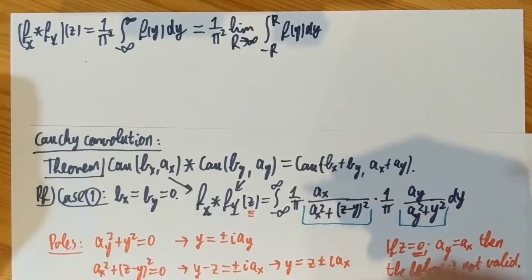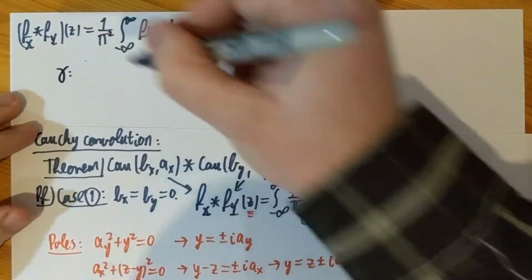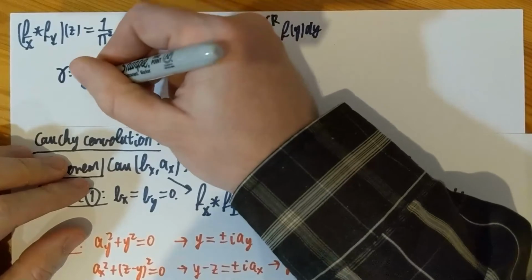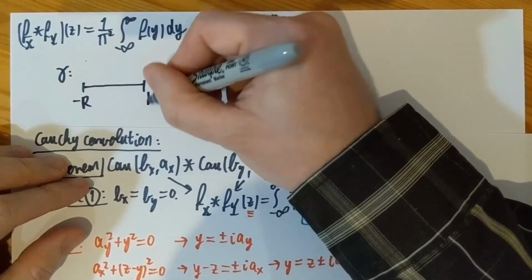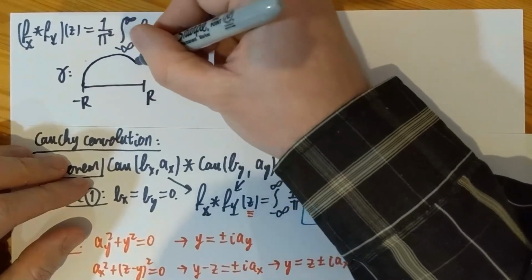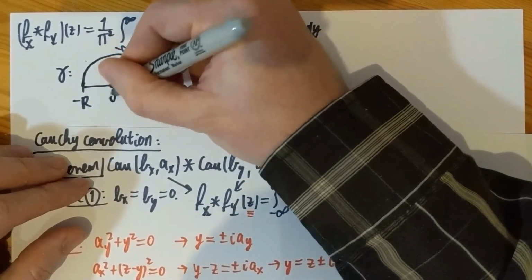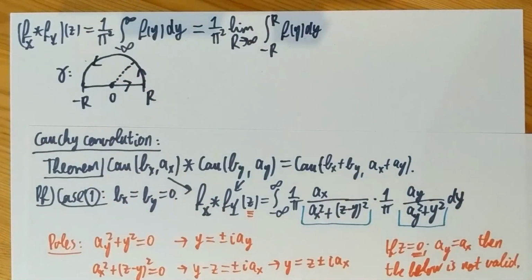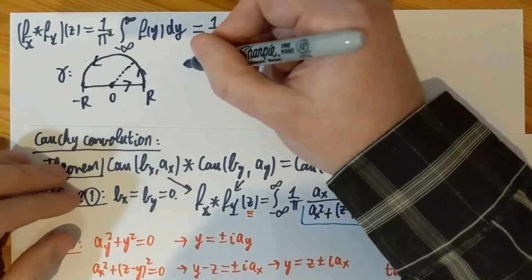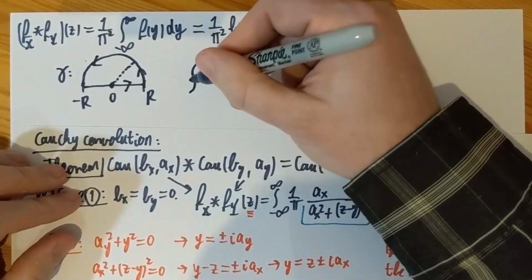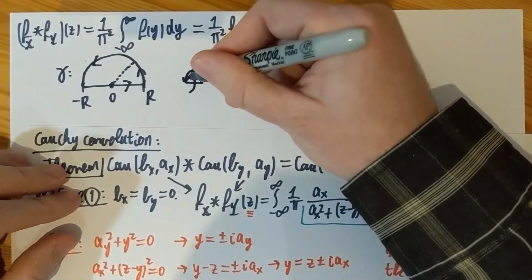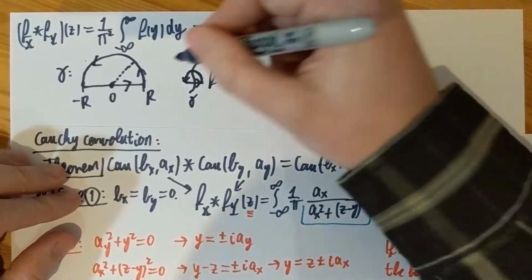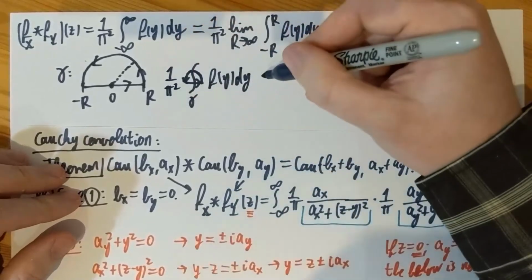And now I'm going to tell you what my curve gamma is going to be. So gamma is going to be the curve of a segment from minus r to r, and then a semicircle going around the origin in the positive direction. So I'm going to go around like this. And now I'm going to say that if I look at the integral along this gamma of my function, and let's just carry the 1 over pi squared with us.